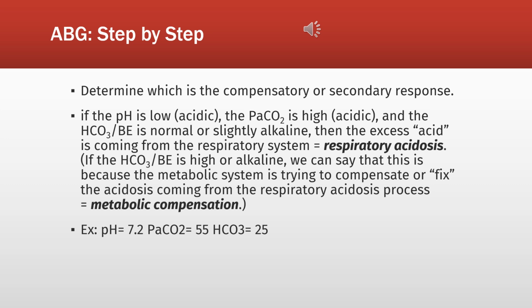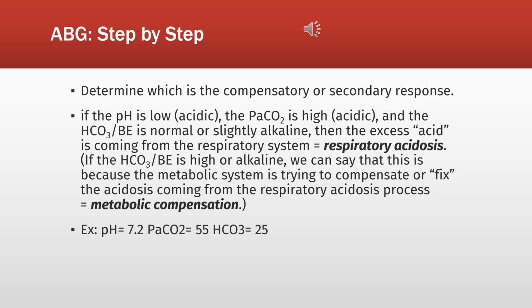And then we look at the HCO3, which is 25, and normal in the cat is 17 to 21, and the dog is 19 to 23, so 25 is high, and this is alkaline. So respiratory acidosis, because of the low pH, the high CO2, so high acid content, and then a high alkalinizing agent here is the metabolic compensation.